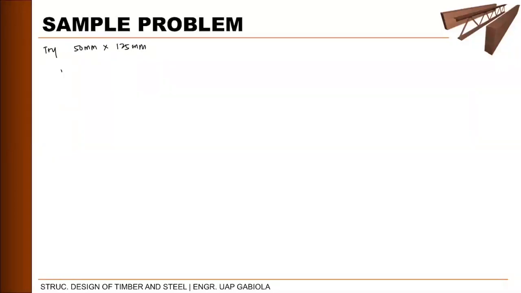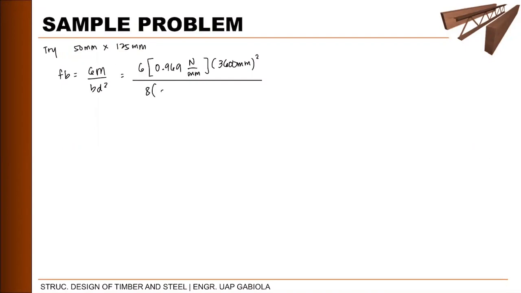So, tatry natin yung actual bending stress niya na 6M over BD squared. So, that is 6 times yung ating W na 0.969 Newton per mm times yung ating 3,600 mm squared over 8 times 50 mm times 125 mm squared. Okay?